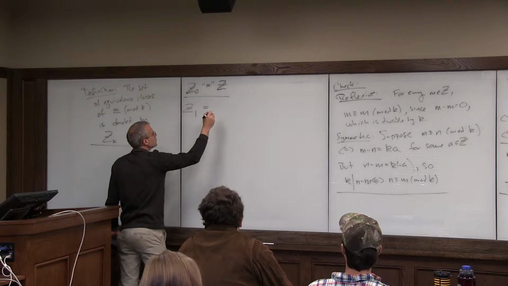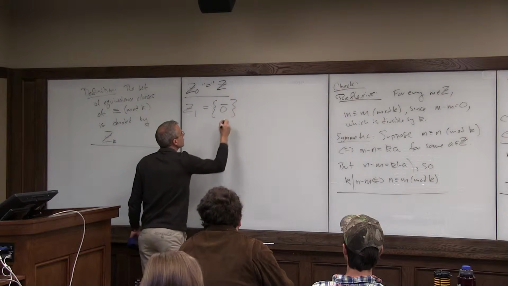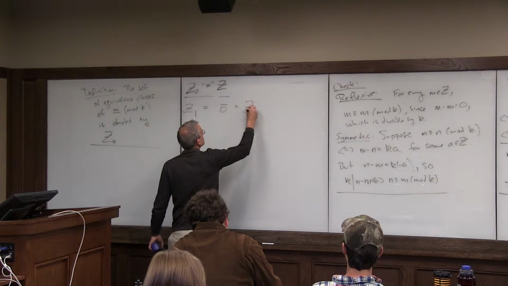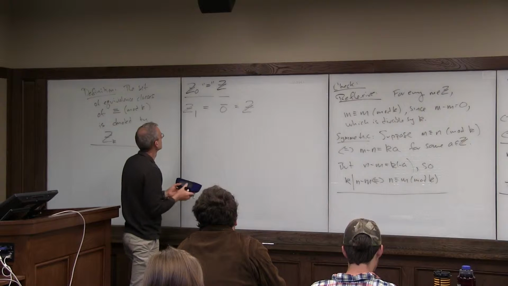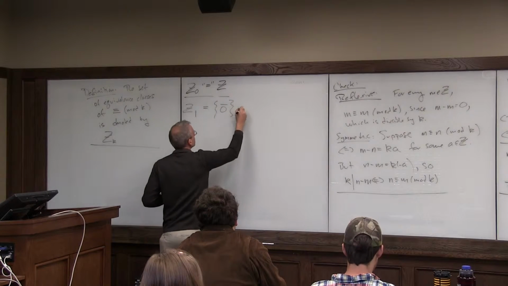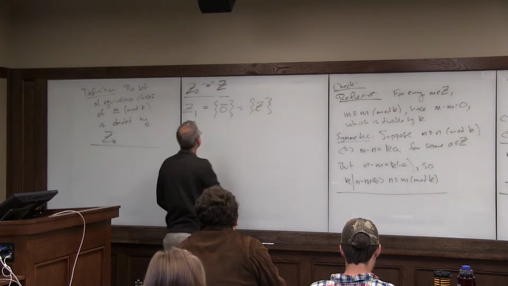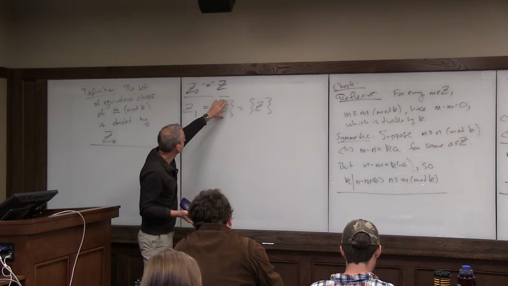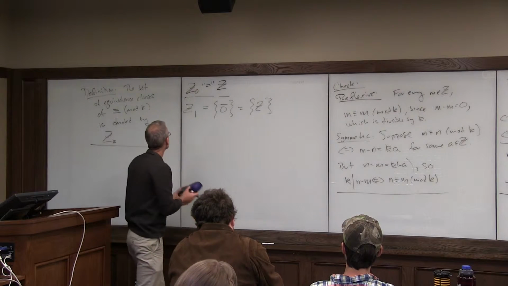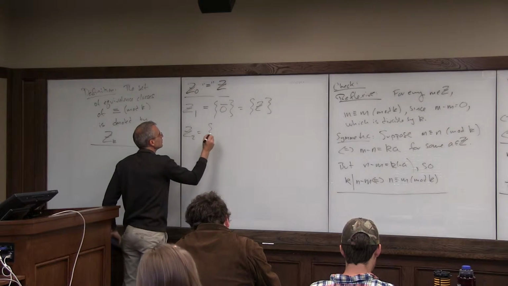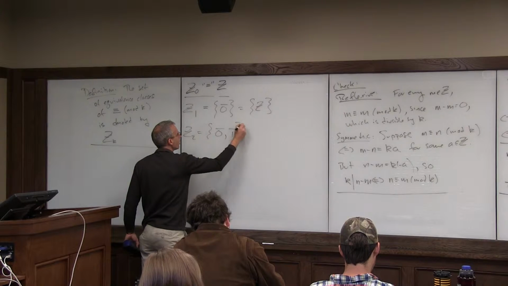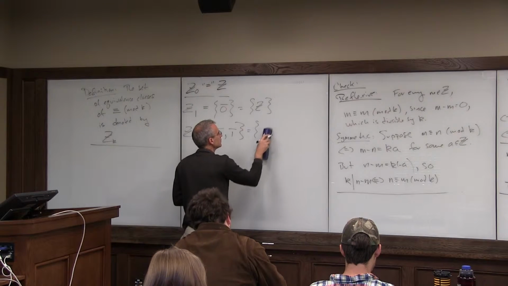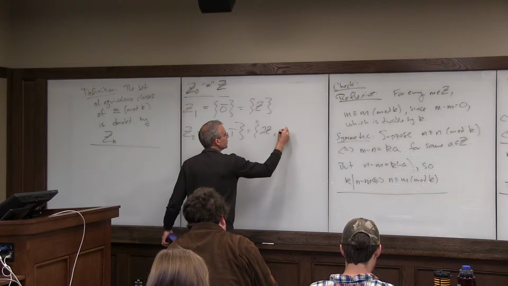Now, Z1, this we can say for sure, has only one equivalence class, and that's 0 bar, which equals Z. So Z1 consists of one equivalence class, and that one equivalence class is just Z. To help clarify things, Z2, that we just checked, consists of 0 bar and 1 bar, that's 2Z, even integers, and odd integers.